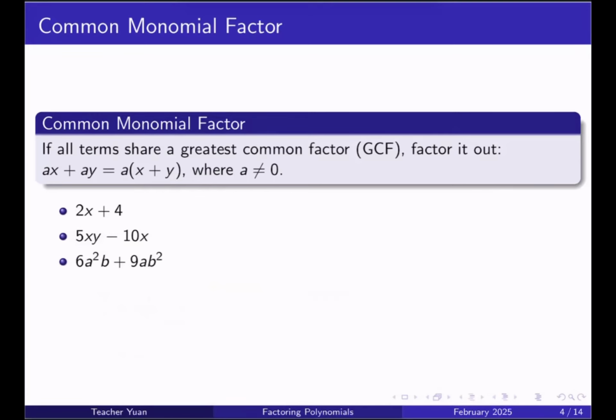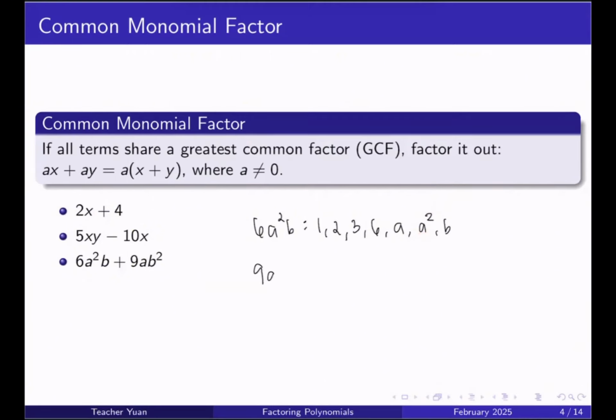Next, we try out 6a squared b plus 9ab squared. So for the first term, note that the factors are 1, 2, 3, 6, a squared, and b. So in this case, we include a squared since a squared can divide 6a squared b, meaning a squared is a factor of this term.